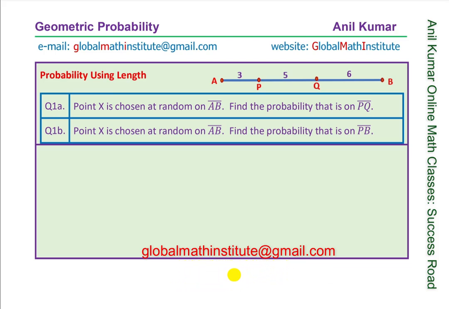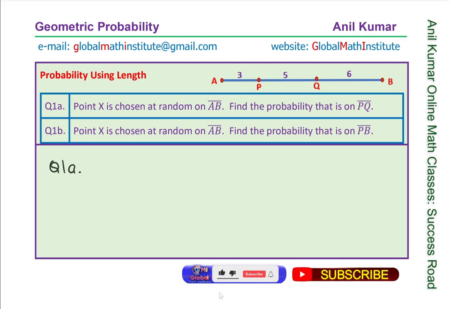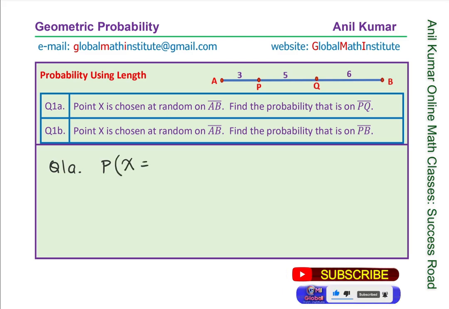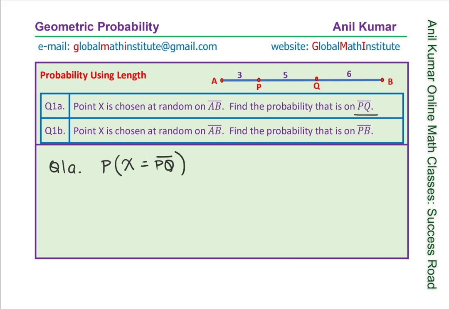So the basic concept here is that the probability, let's do question 1A first. So probability of X being on PQ will be what? Well, length of PQ, which is 5 units, as you can see here. So we'll take up that length of 5 units over the total length A to B. So I could have written first as PQ over AB.